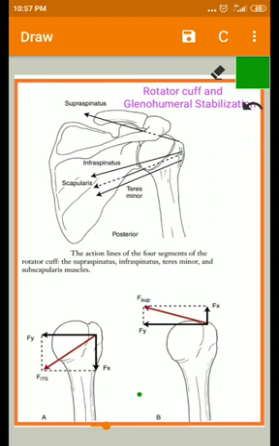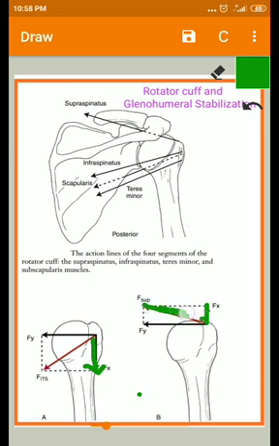So this is the only force which is acting superiorly. This supraspinatus muscle is a part of the rotator cuff. The line of action of the supraspinatus muscle has a superior translatory force. The remaining three have an inferior translatory force, but this is the action line of the supraspinatus.